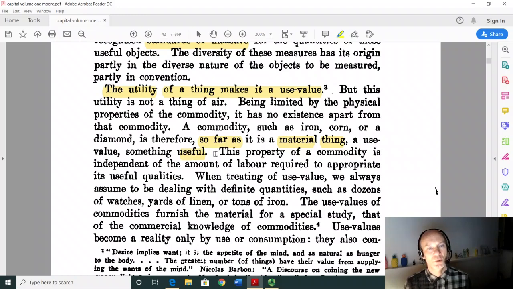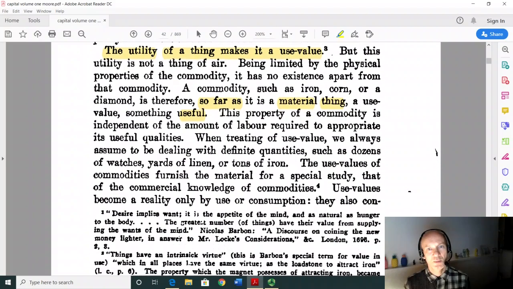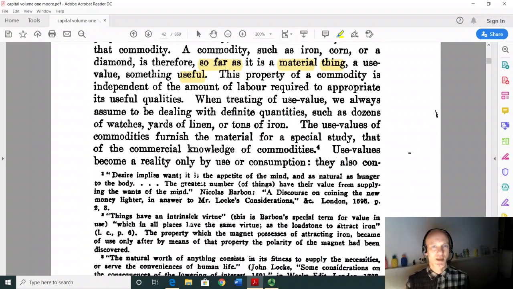This property of a commodity is independent of the amount of labor required to appropriate its useful qualities. So a thing either is useful or it isn't useful. It doesn't matter basically where it comes from and how it was made and how difficult it was to make it. You can spend an awful lot of time on making something very complicated, and then it turns out it's not useful at all.